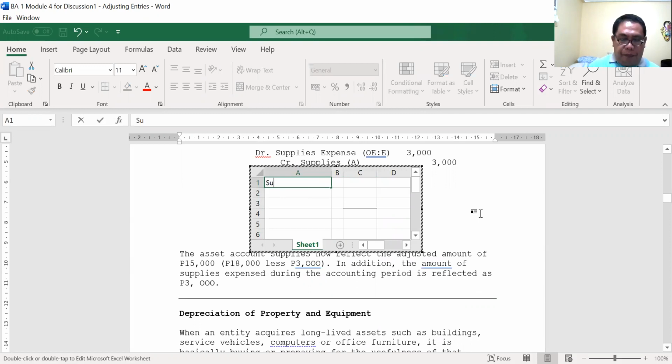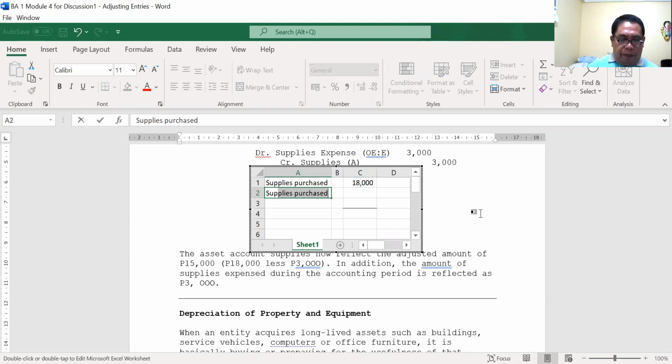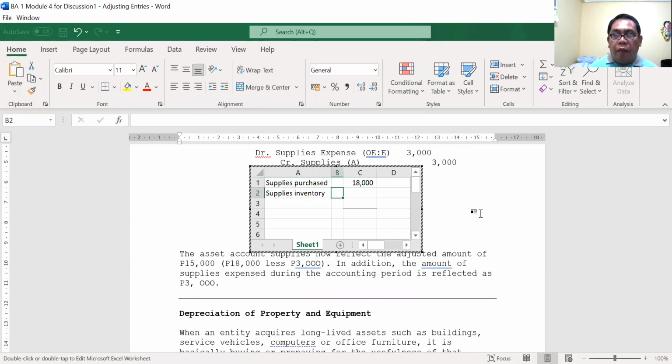You have there supplies purchased, 18,000, and then supplies inventory, 15,000 earlier.